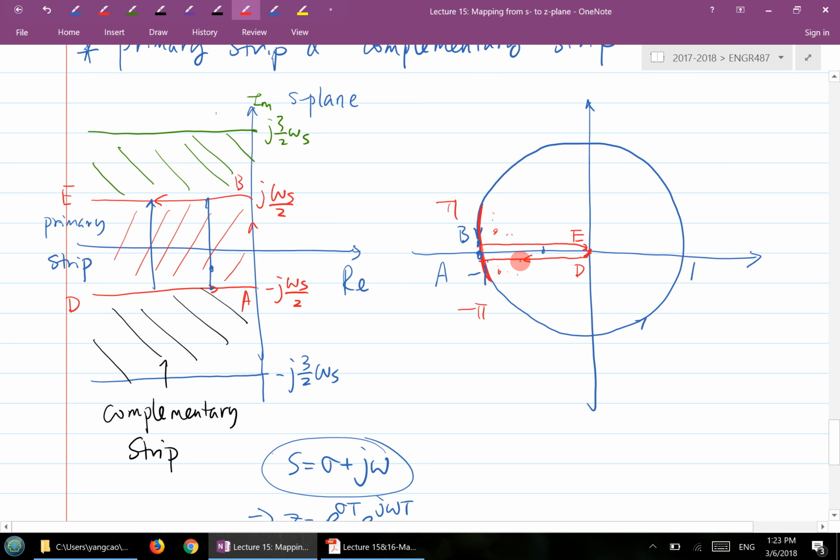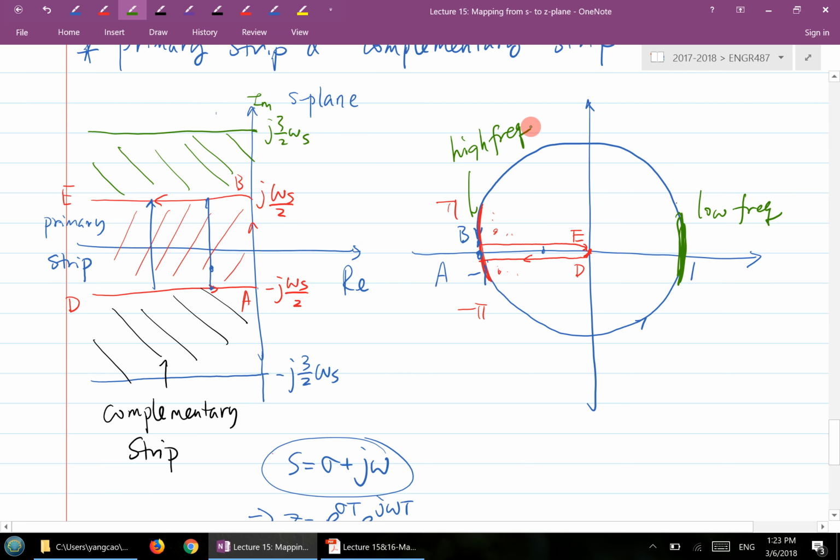And where will the low frequency be now? It will be over here, right? So this is low frequency, and this will be the high frequency region, okay? Okay. Any questions so far?